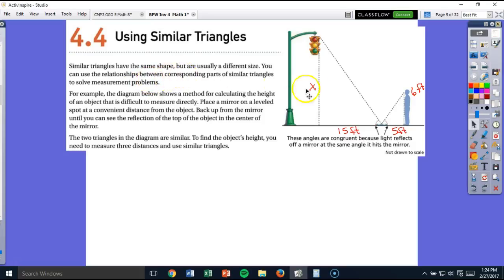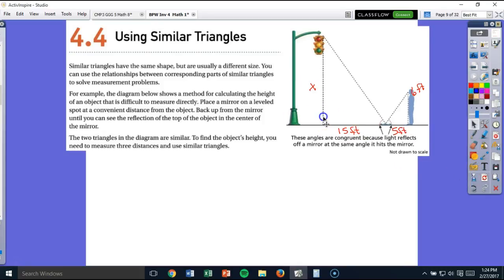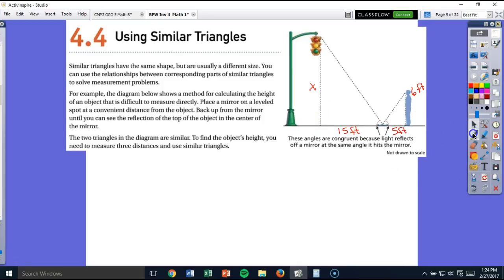So if we want to look at some corresponding parts over here, we have a couple. One of them is that we have a 90-degree angle here. We also have a 90-degree angle here. So that's one of the angles that's going to be the same.